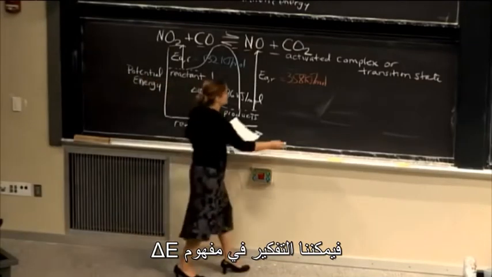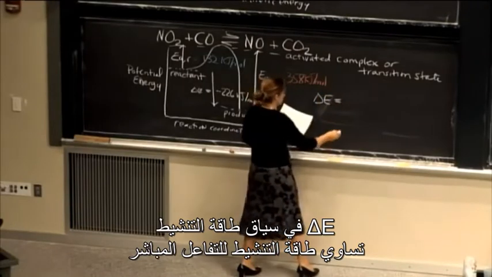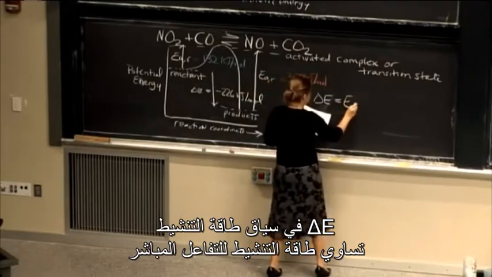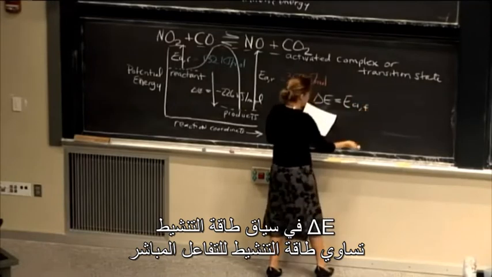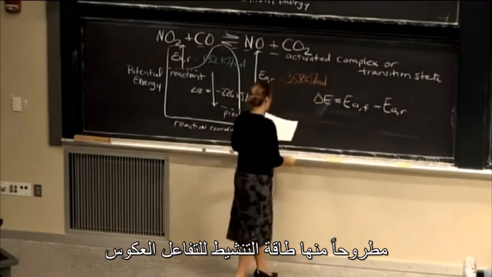So we can think about what delta E really is. Delta E in terms of activation energy is going to be equal to the activation energy for the forward reaction minus the activation energy for the reverse reaction.